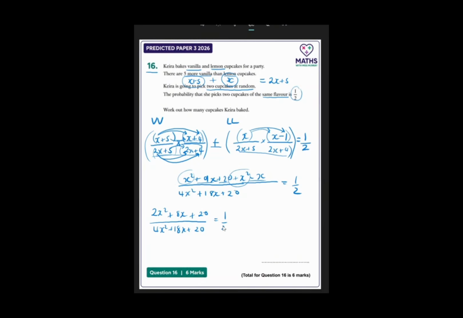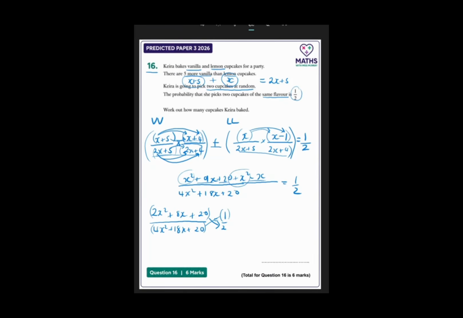So here, because I've got fractions on both sides, to get rid of the fraction so that I can solve this, I can cross multiply. So I'm going to times that by 2, and I'm going to times the 1 by this here on the bottom, and that will get rid of my fraction. So all of this multiplied by 2 is going to give me 4x squared plus 16x plus 40. I'm going to run out of space there actually, so I'm going to get rid of that and do it below.